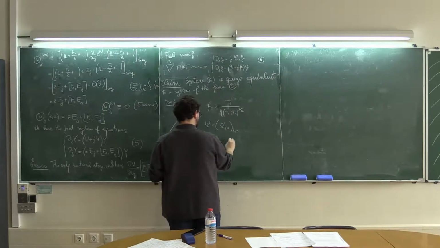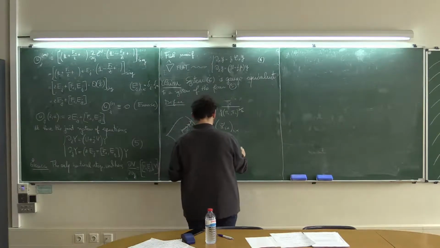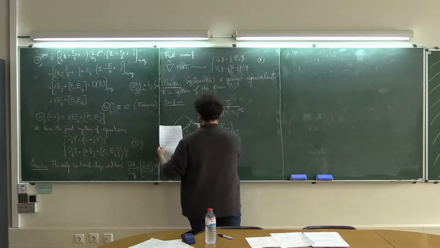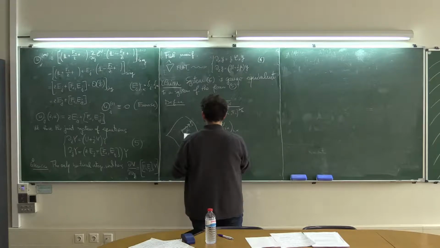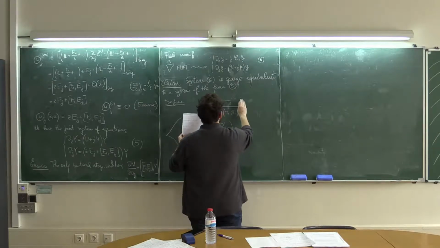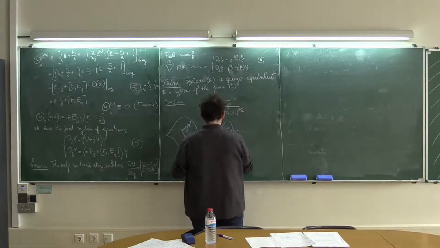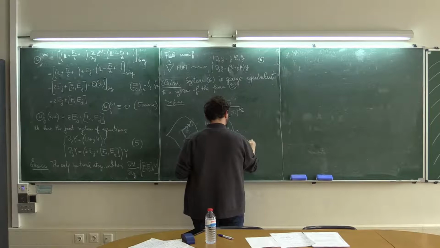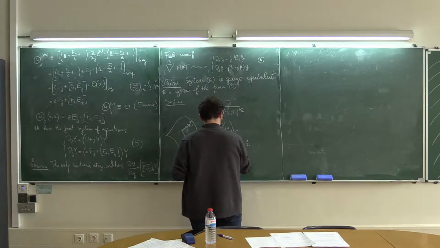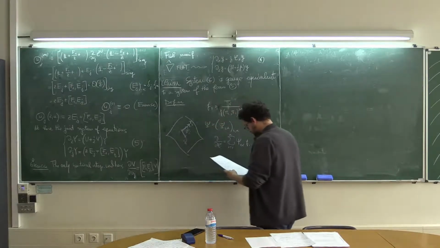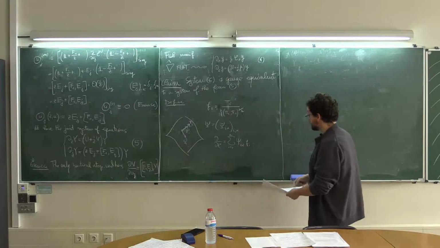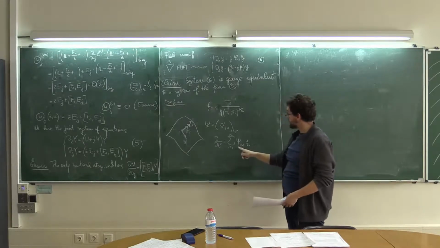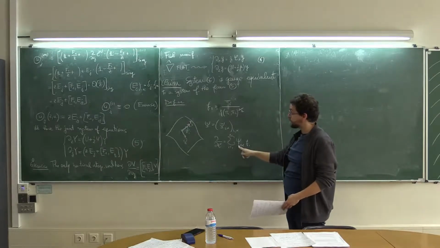It is the matrix which expresses the change of basis from the flat coordinate vector fields to this orthonormalized idempotent frame. So this is how this matrix psi is defined.